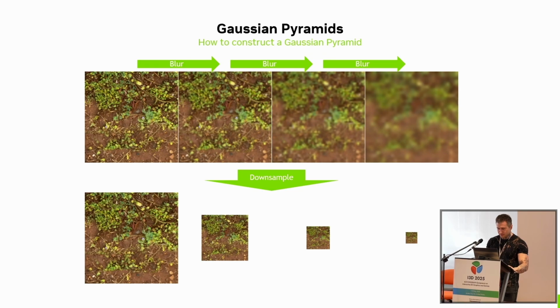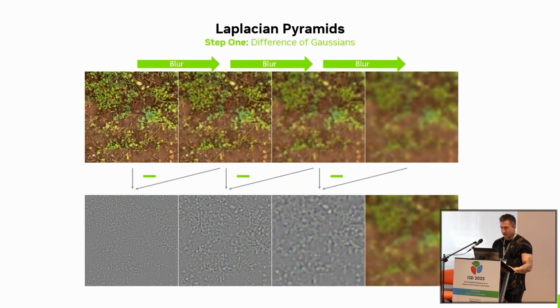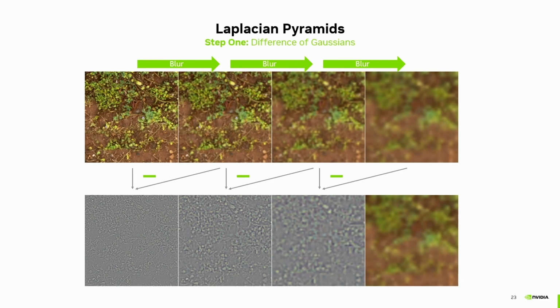Laplacian pyramids take the contents of a Gaussian pyramid before downsampling and take differences between each next pair of levels. And this difference means that the first level of the Laplacian pyramid will have only the highest frequencies, the second level will have medium high frequencies, then medium, etc. And because the last level we cannot pair with anything, the last level of the Laplacian pyramid is actually a Gaussian filtered image.